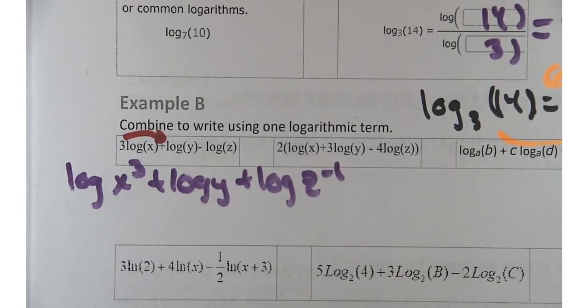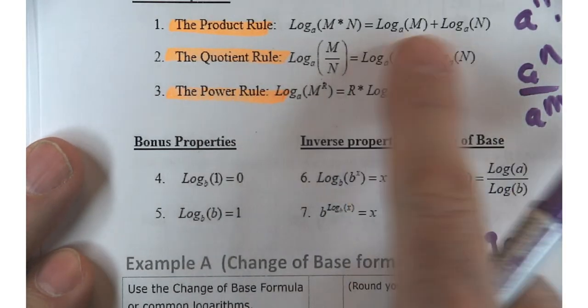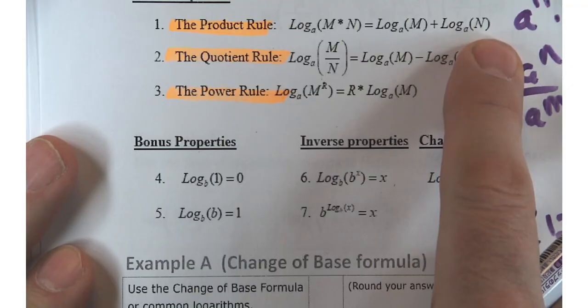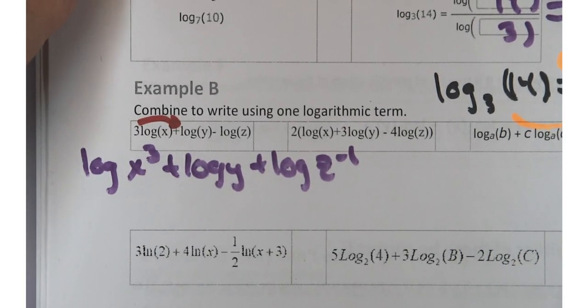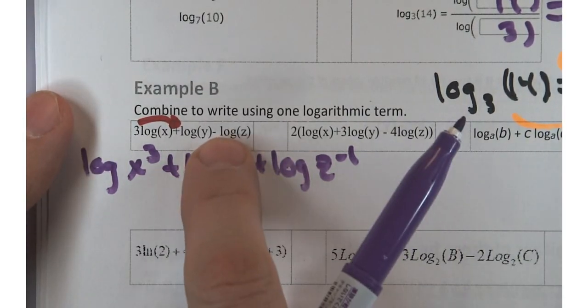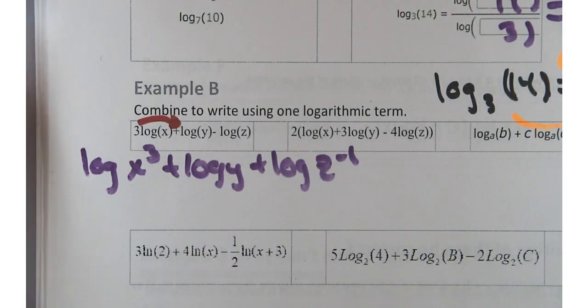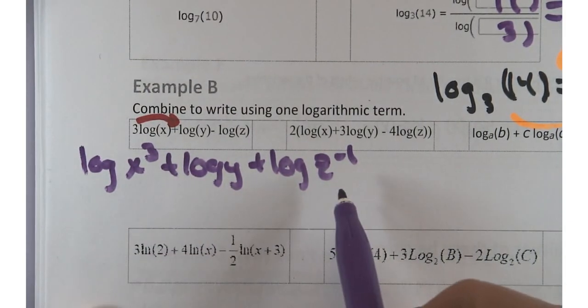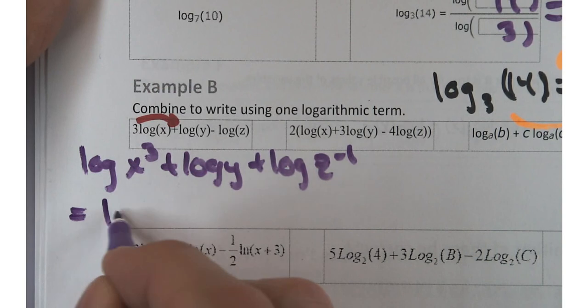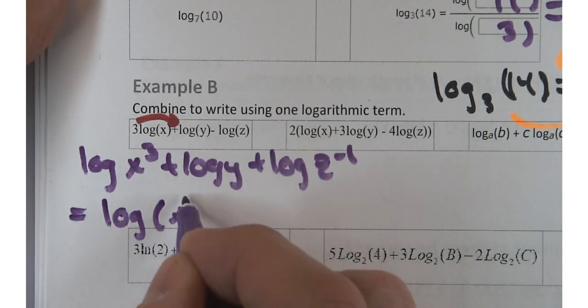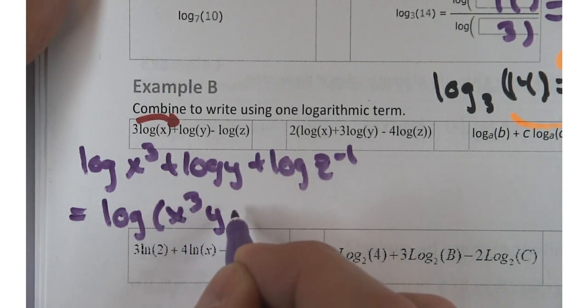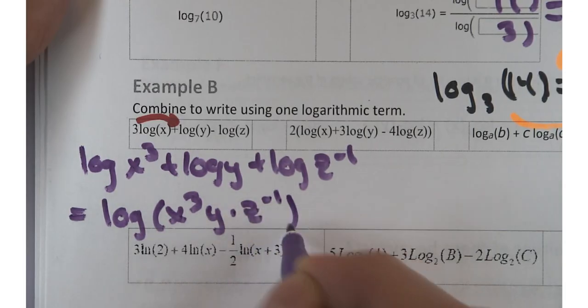So I can bring all those terms together. The sum of the logs becomes the log of a product. So here's a nice shortcut for you. The reason I got rid of that negative is because all these things are added now, and all of them have a coefficient of 1. So this is going to equal the log of x cubed times y times z to the negative first power.